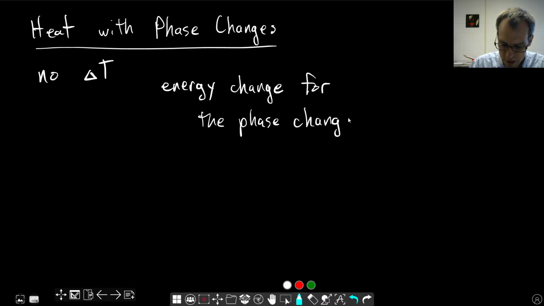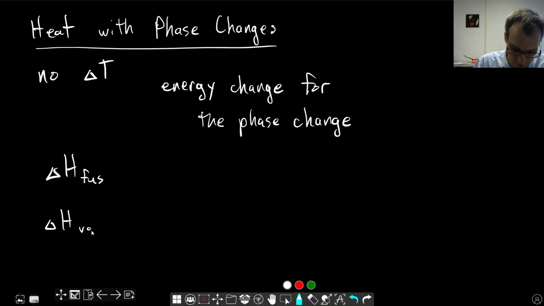And so similar to the idea of a heat capacity, we can keep track of energy associated with phase changes by what we call enthalpies of phase changes. So delta H, and in particular we'll get two types of phase changes, right?